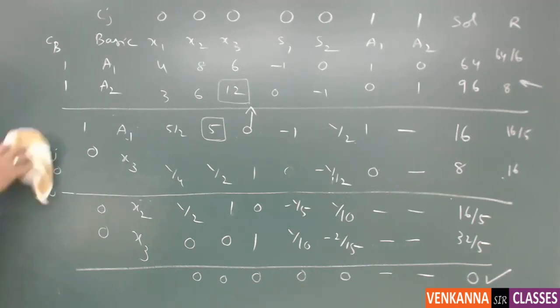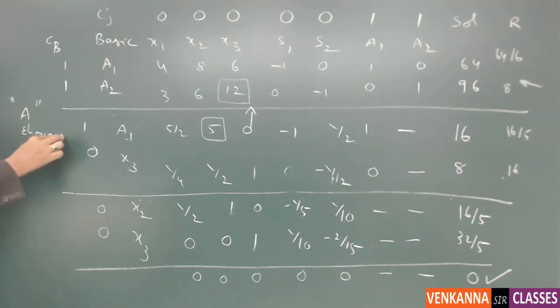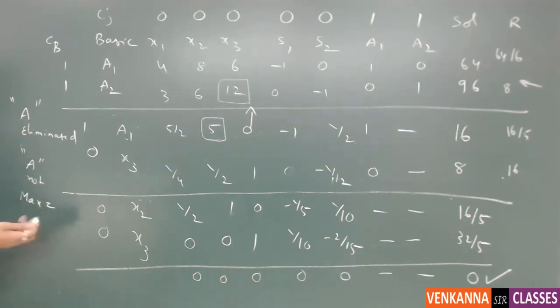In brief, if artificial variables are eliminated, we have the possibility to get the optimum solution. If artificial variables are not eliminated and one variable is present there, we check the objective function value, that is maximum z or minimum z. If its value is 0, then okay, we go for the second stage. If the value is less than 0, then we say that it has no solution. That is the overall idea.